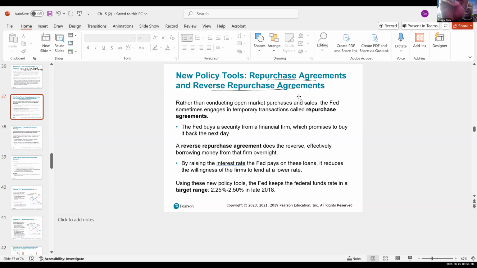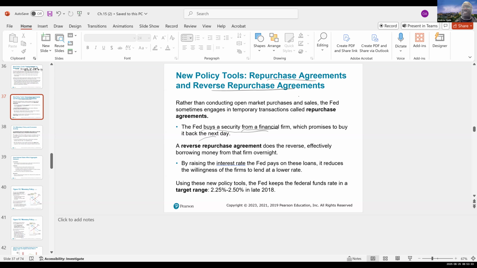The Fed is going to buy a security from Bank of America and promises to sell it back the next day. Bank of America promises to buy back that security from the Fed. Reverse the transaction. That's why we call it a repurchase agreement.